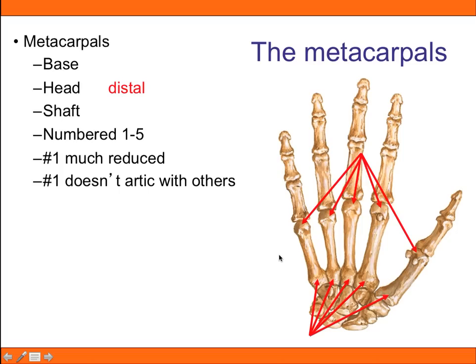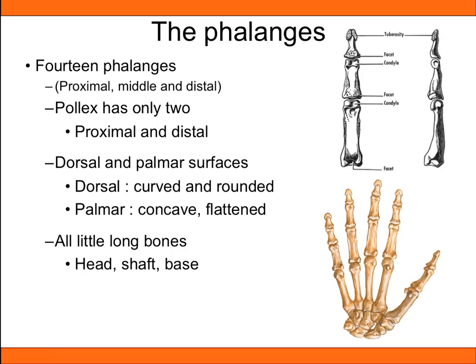We've already discussed how they're actually numbered, and that's from lateral to medial. Now, number 1 you can see is much reduced, it's shorter, and you can also see that there's no direct articulation with the others, whereas you can see for the 2nd, 3rd, 4th and 5th, there's actually direct articulations in there. Now, there are little names for those joints, but I don't need you to know those for this unit.